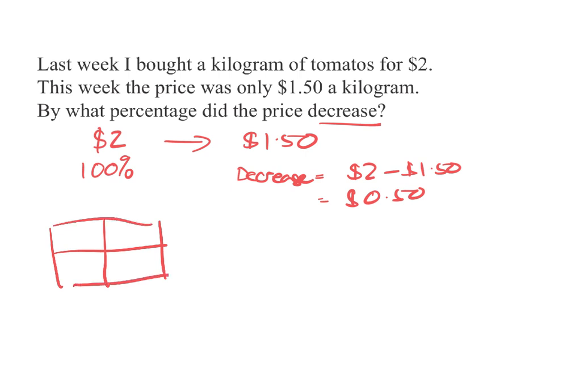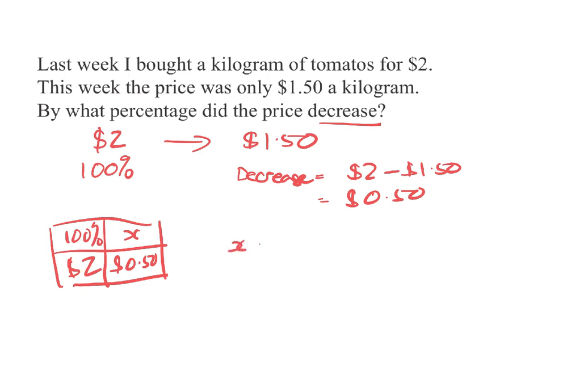We have our 100%, which is our $2. We don't know the percentage decrease, but we know the value of the decrease is 50 cents, so $0.50. To work this out, as you should know, when our unknown is here, we multiply these two, and then we divide by this one.